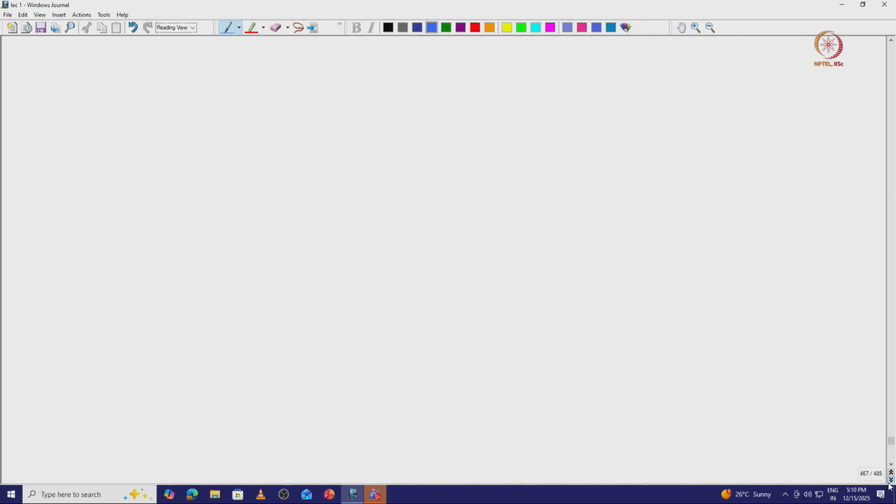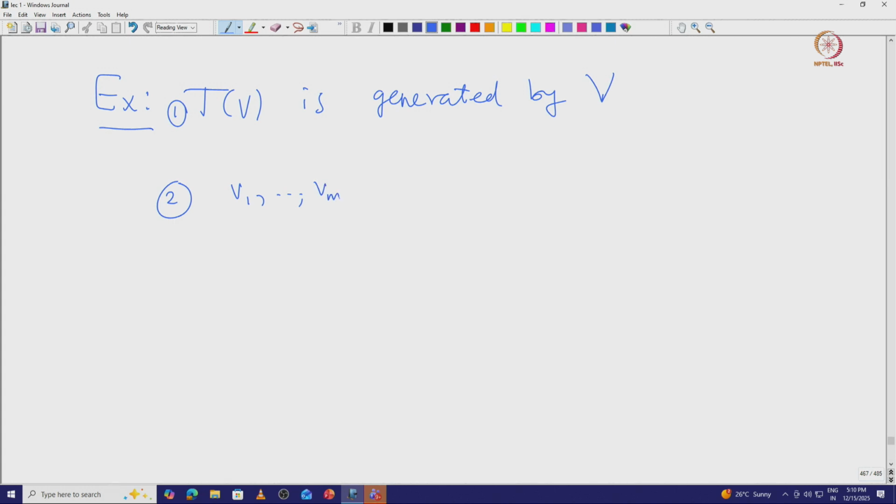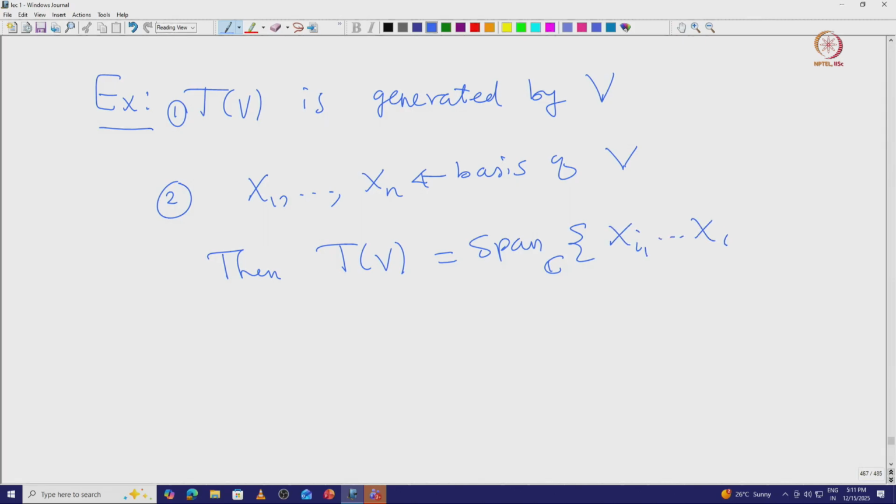Maybe I will leave it as an exercise that you can prove that T(V) is generated as a vector space by V. And if we fix a basis, suppose we fix v1 etcetera vn, maybe let me call it x1 etcetera xn, a basis of V, then one can prove that T(V) is indeed the span of x_{i1} times etcetera x_{im}, where these i1 etcetera im come from 1 to n with m greater than or equal to 0.